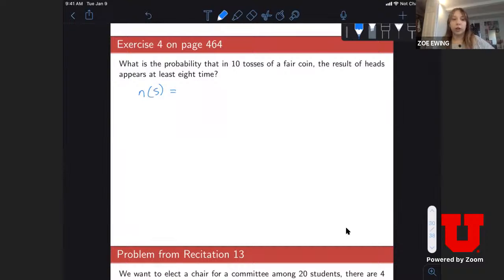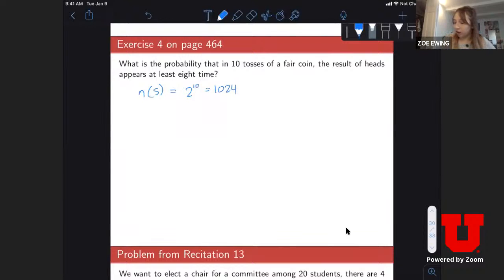So no matter what, we're going to need 2 to the 10th. Awesome. 2 to the 10th, which is 1024. Okay.